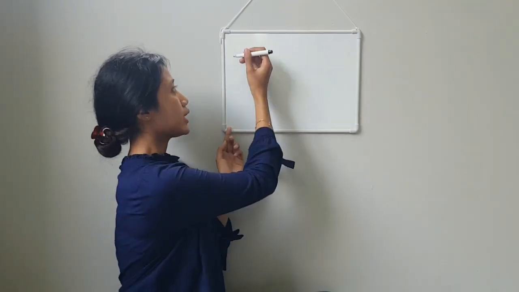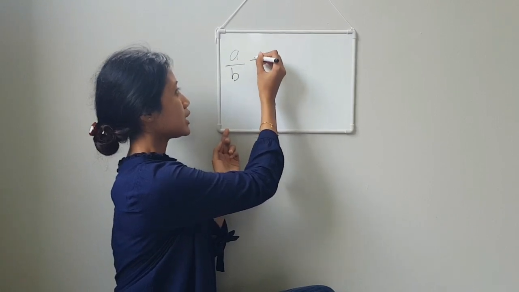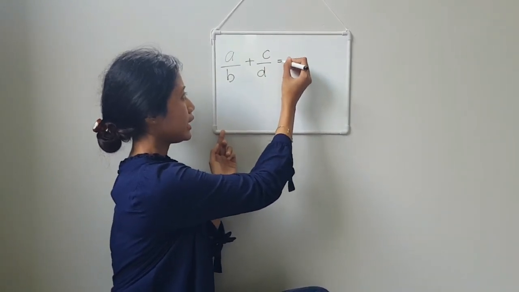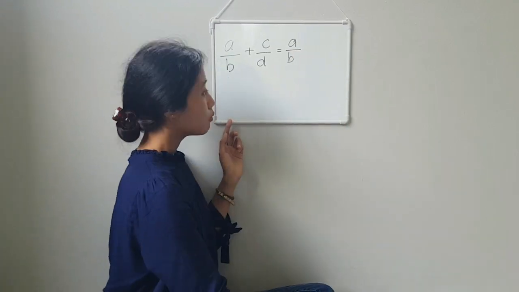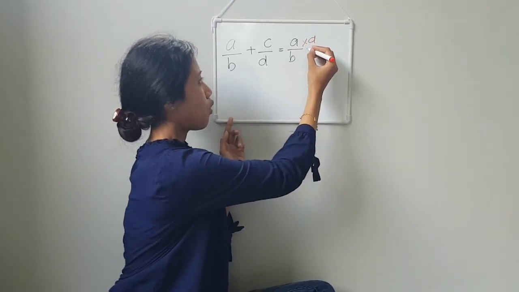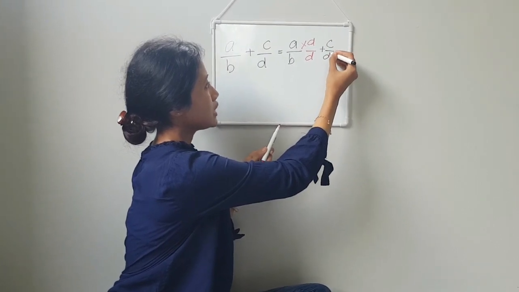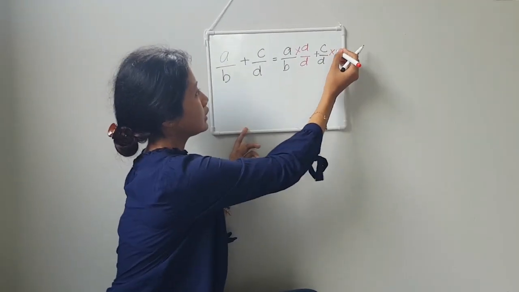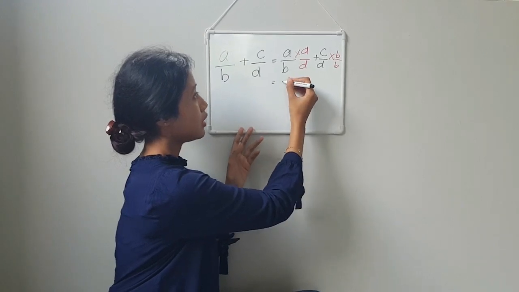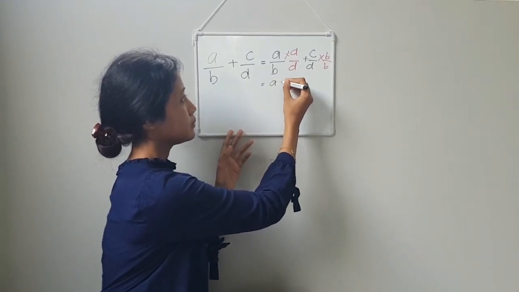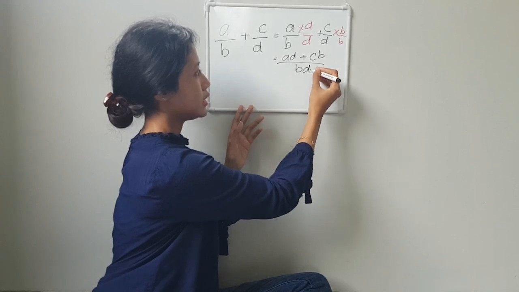We can write down, if I have a fraction A over B plus C over D, it means A over B multiplied by D over D, and plus C over D multiplied by B over B. And then it is similar to A D plus C B over B D. Can you get it?